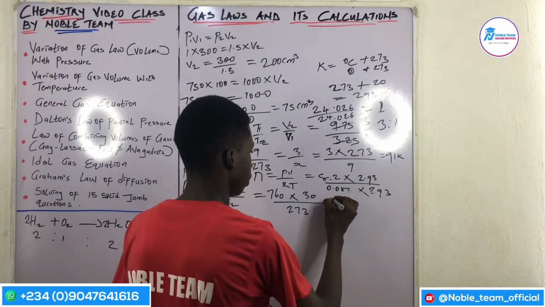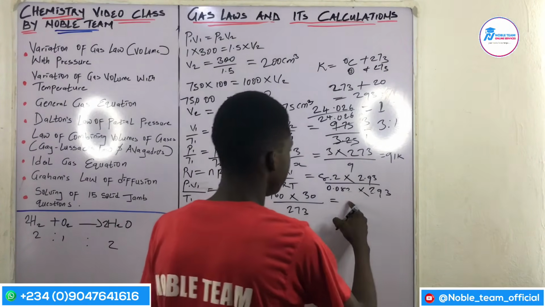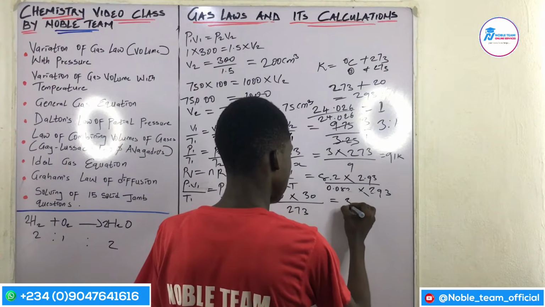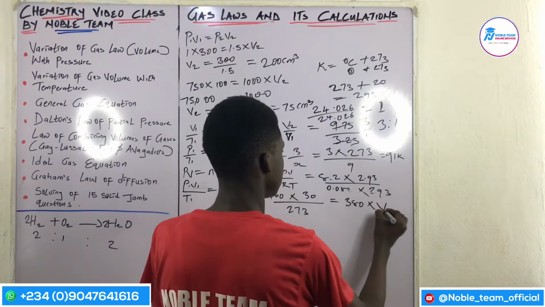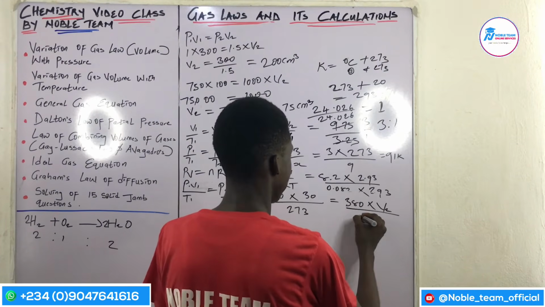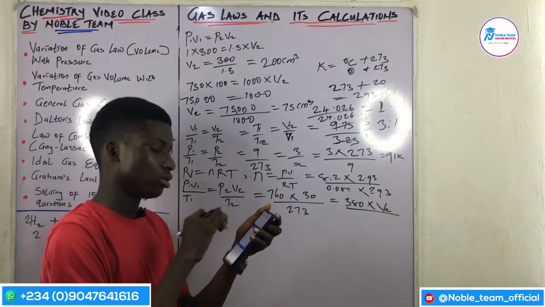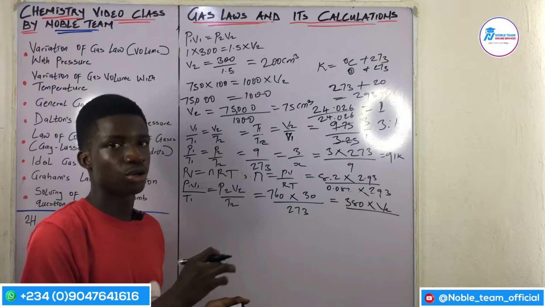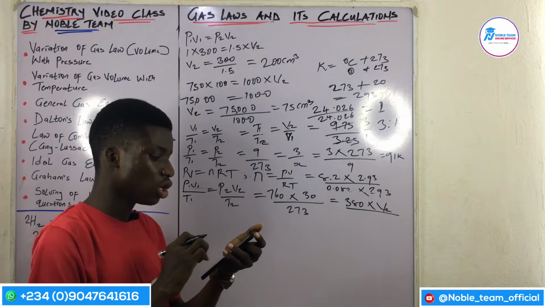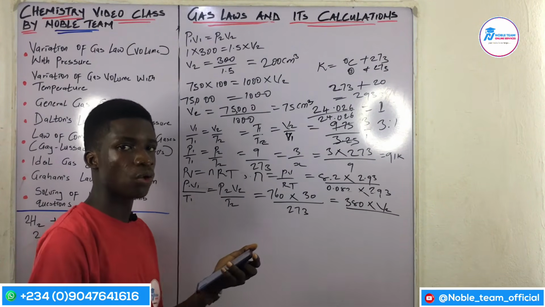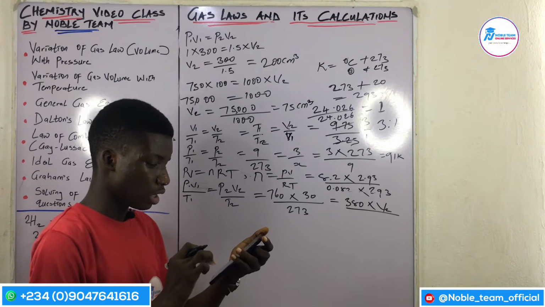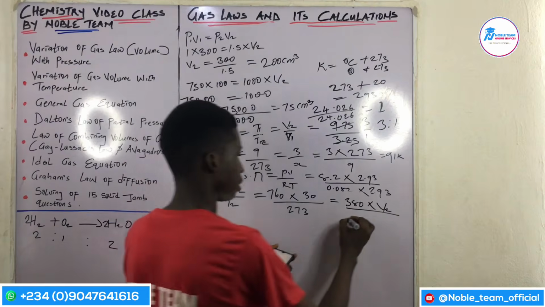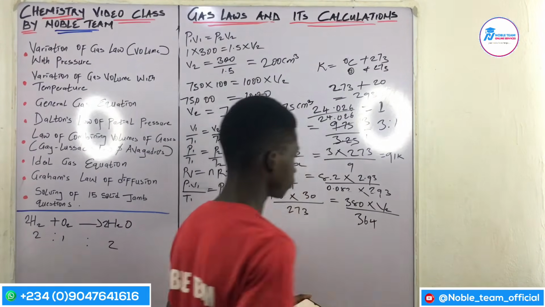Then it is equal to my P2, which is 380, multiplied by V2, the one we are looking for. Then I have my final temperature to be 91 degrees Celsius. So I need to convert it to Kelvin. It simply means 273 plus 91, which is 364.